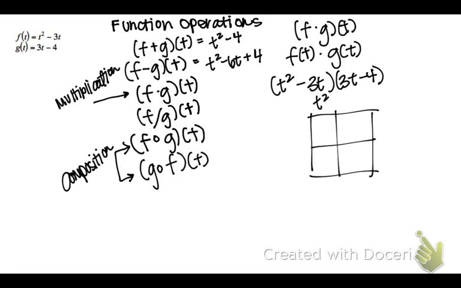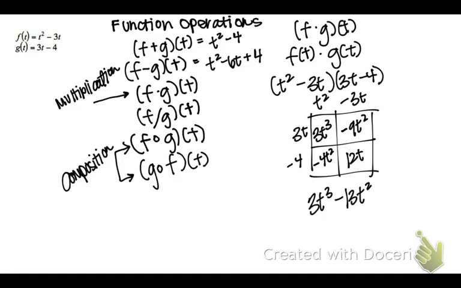So we have t squared minus 3t and 3t minus 4. This is 3t cubed, negative 9t squared, negative 4t squared, and 12t. If we combine those, that's 3t cubed minus 13t squared plus 12.